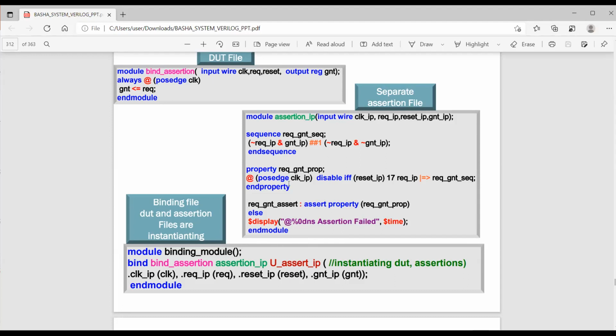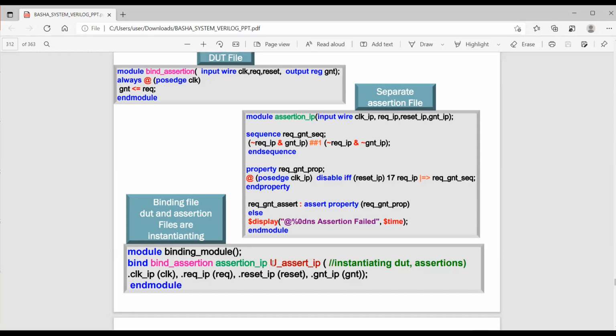So this file you want to bind. How are you binding? This is your DUT file and this is your assertion file. Now, in the top module or your test bench module, by using the bind keyword, you write your DUT module name and your assertion module name, and then the instantiation.